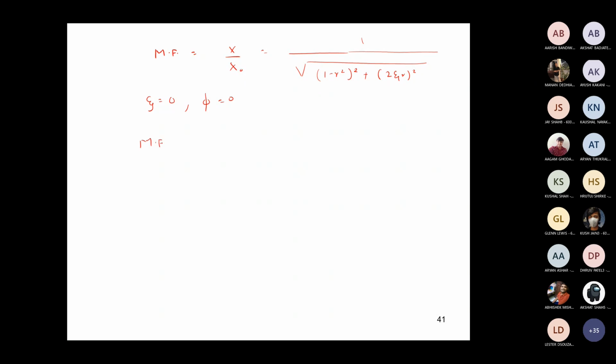So the magnification factor x by x0 is equal to 1 upon 1 minus r square, for r less than 1.